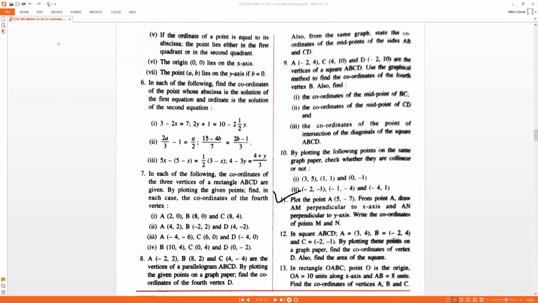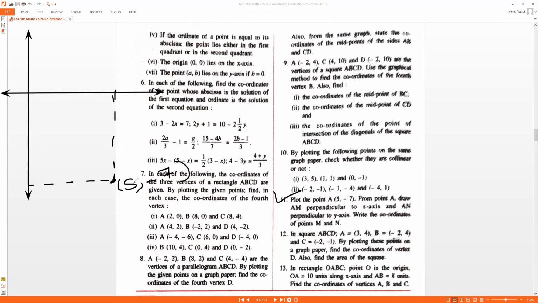So what is the point 5 comma minus 7? Where does it lie? It lies in the fourth quadrant, right? So 5 comma minus 7 lies somewhere here. Do you agree? Yes, sir. Call it point A. Draw AM perpendicular to the x-axis.